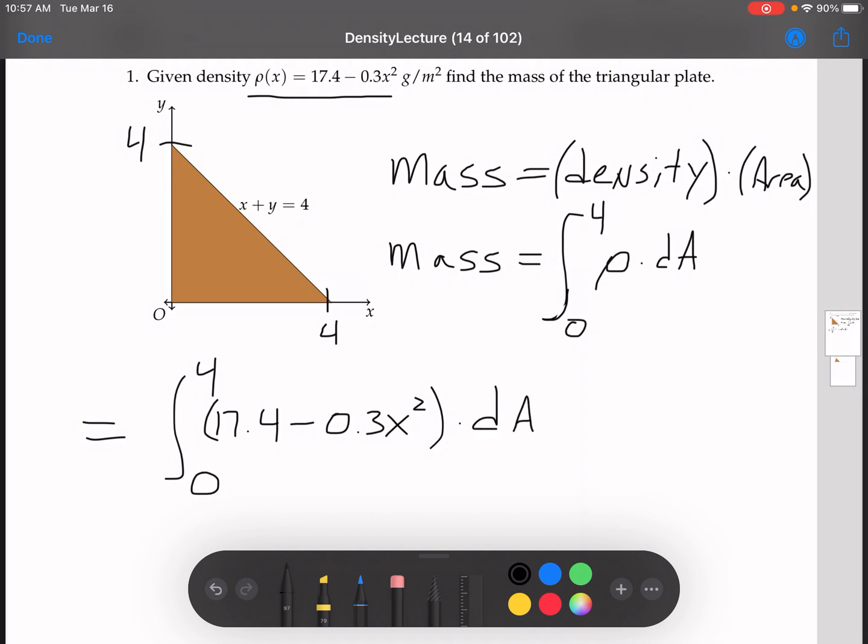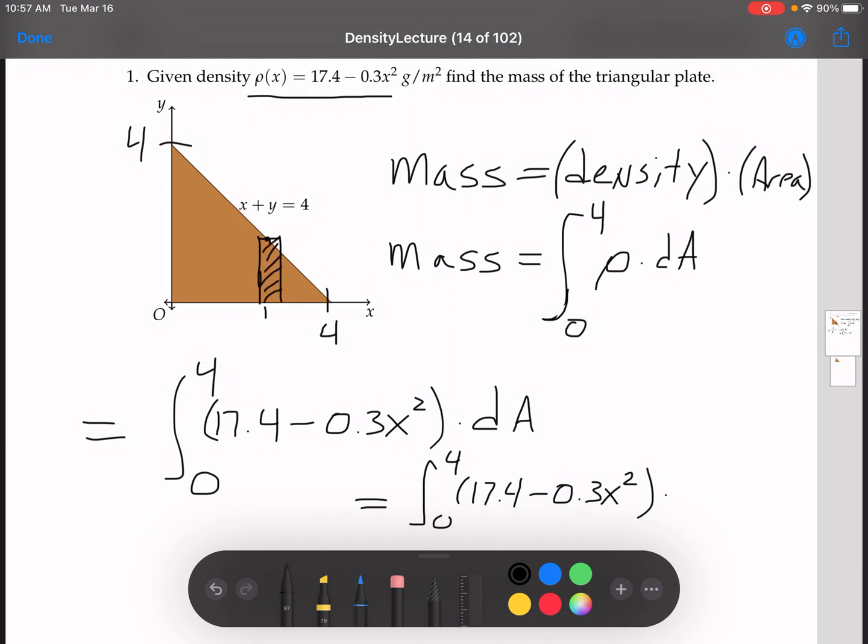And so now we need to find dA. Now to find dA, what we want to do is draw some rectangle. Let's just pick a point. We'll draw our vertical rectangle there.